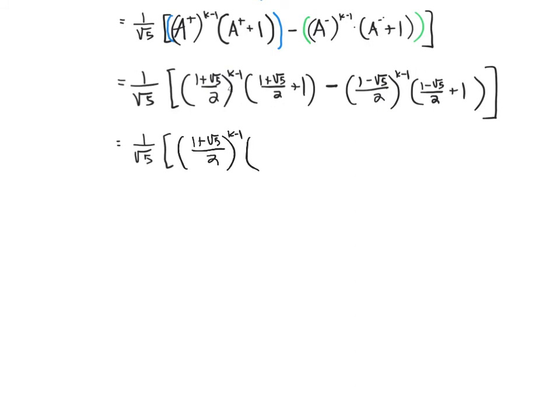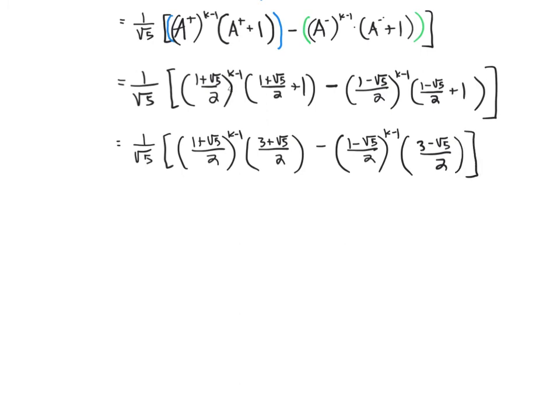And this is going to be 3 plus root 5 over 2 minus, this again is going to be the same 1 minus root 5 over 2 to the k minus 1, and this simplifies to 3 minus root 5 over 2. Just remember thinking about this guy as 2 over 2 and then adding it. Because they have the same denominators, you can just add the expressions and you're good to go.